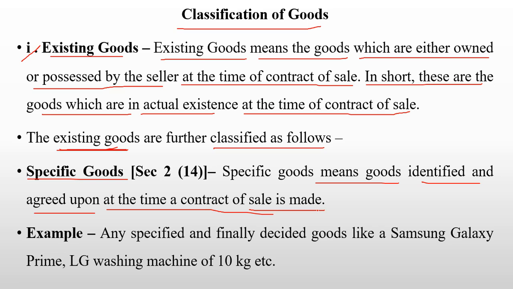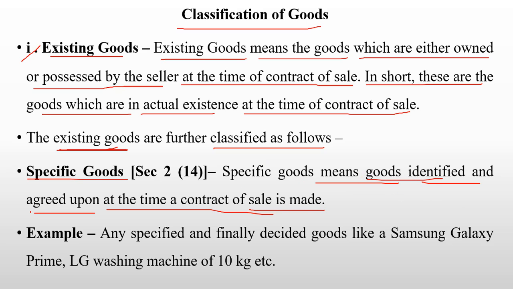Suppose you select a Samsung Galaxy Prime. That good is called a specific good. Out of mobile phones you have selected Samsung, and from the Samsung brand you have selected the Galaxy Prime model. So it is called a specific good.